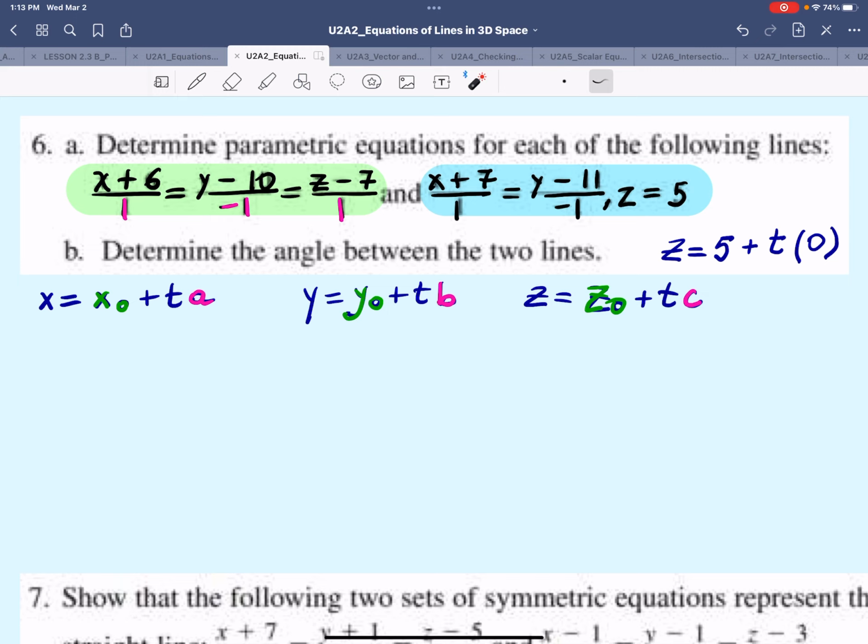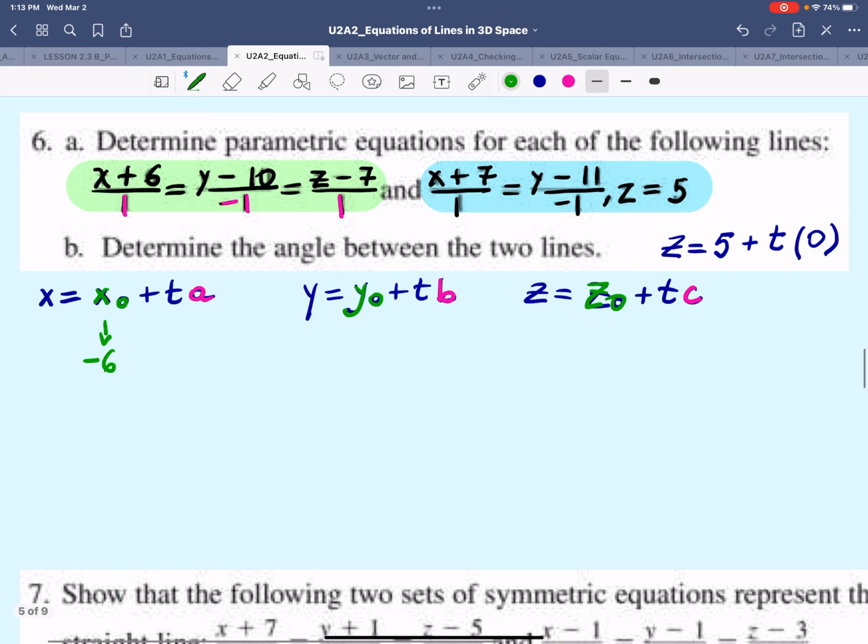The x0, y0, and z0 will represent the coordinates of the starting vector, and they are found right here. So we must have had in here x minus a -6, and that's how the 6 was produced. So we're going to write -6 for this. For y0, we must have subtracted a +10, so that makes y0 here 10. And for z, we have subtracted a 7, which means that z0 must have been 7.